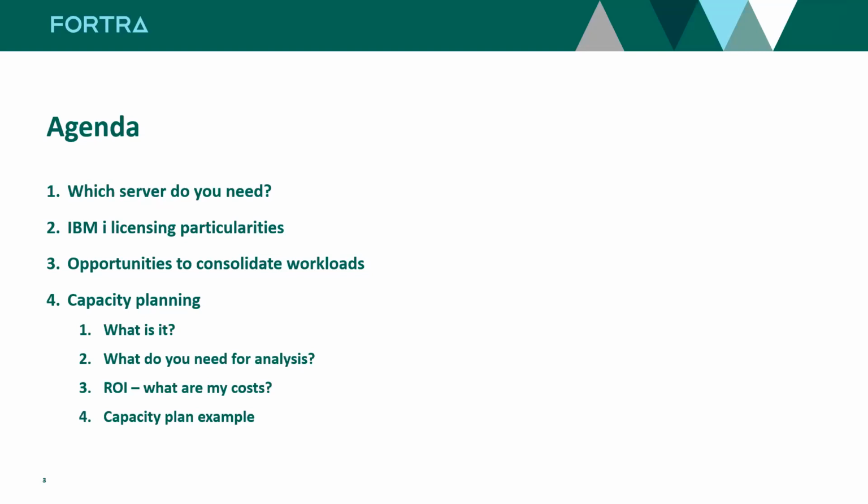And then we will discuss how increased performance across the Power generations allows you to consolidate workloads. And now, as part of capacity planning, we will talk about what is capacity planning, what you need for analysis, the data that you will need to consider, what your costs are, and understand them, and we will give you a capacity plan example.